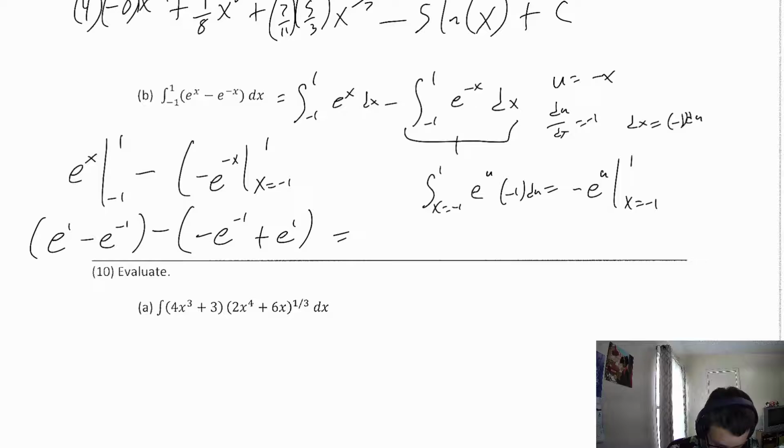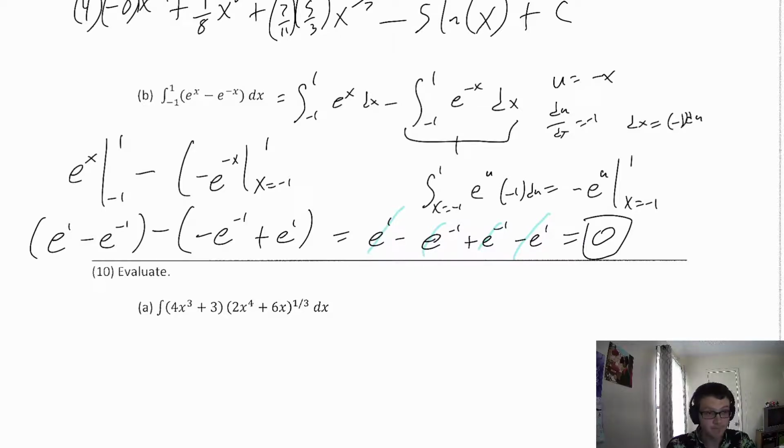Simplifying this all out, i.e. distributing this negative here, this becomes e to the 1 minus e to the minus 1 plus e to the minus 1 minus e to the 1. So those cancel, we get 0.